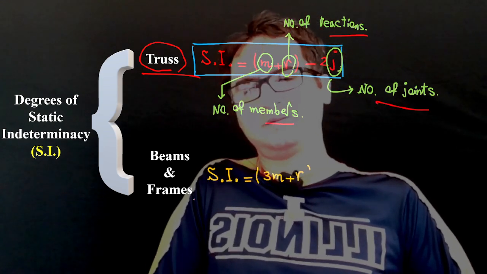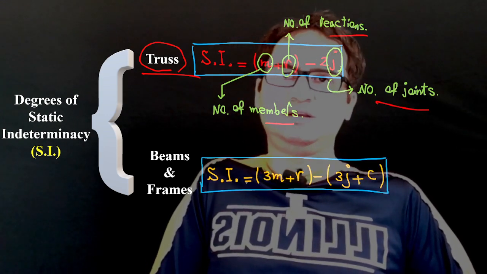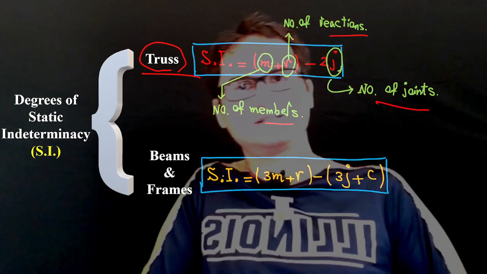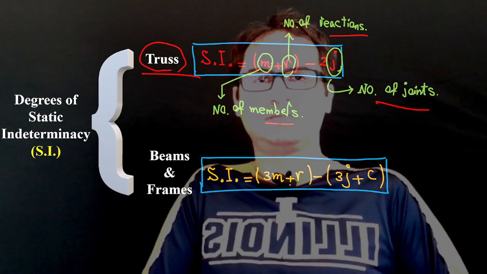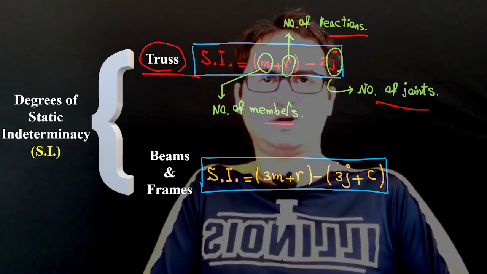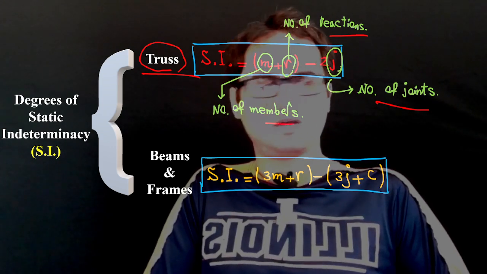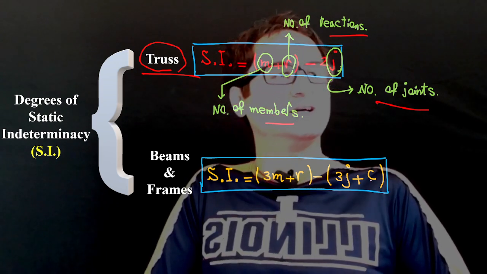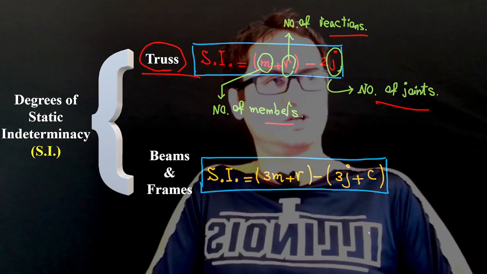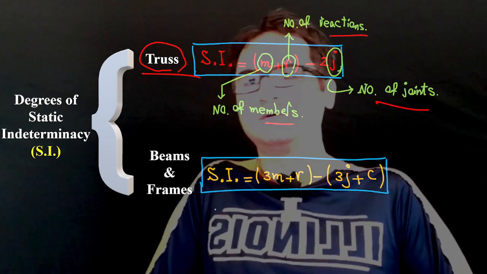For beams and frames, the equation is more comprehensive than the truss one: 3 times members plus reactions in parentheses, minus 3 times joints, plus the special conditions like internal hinges and so on.